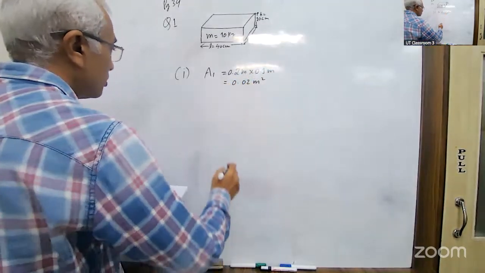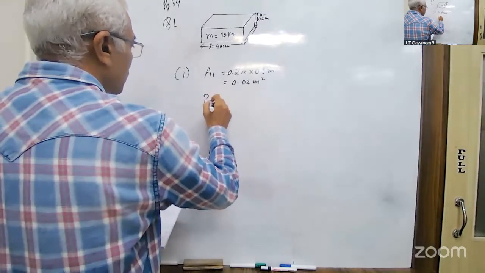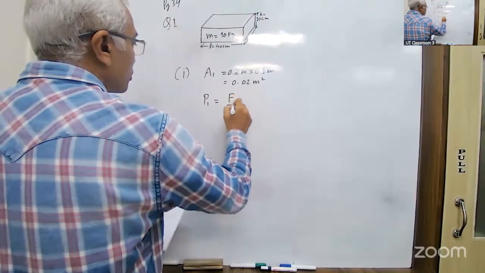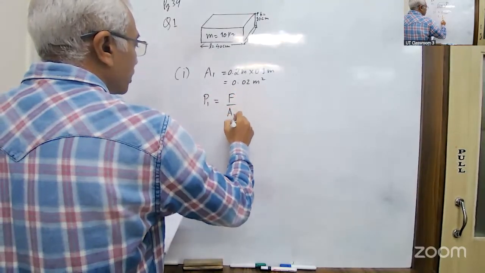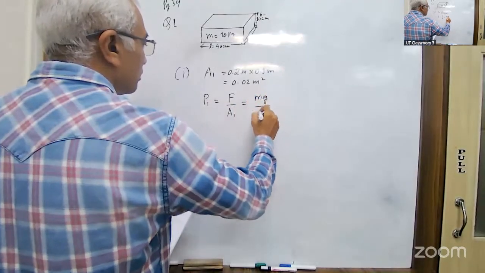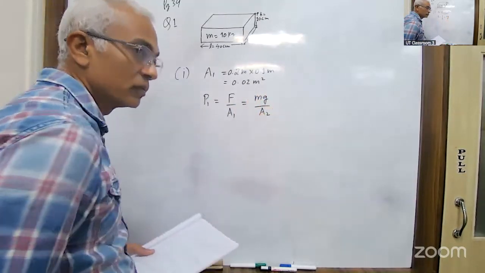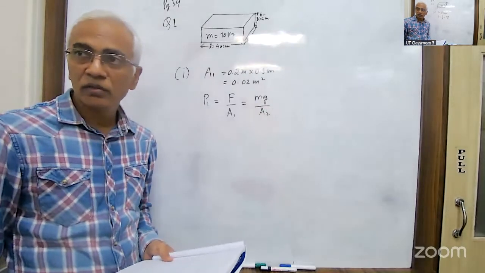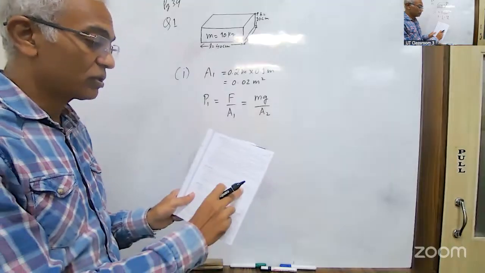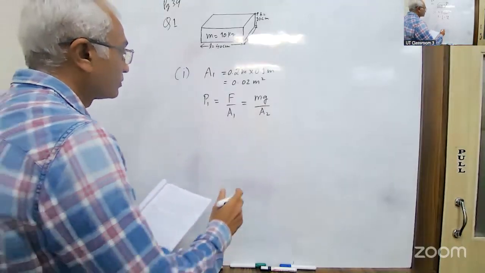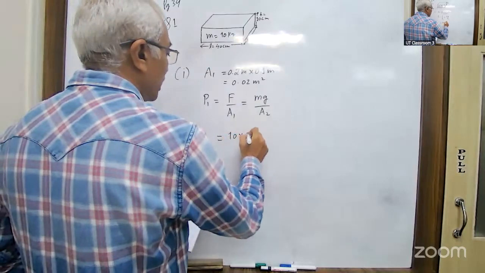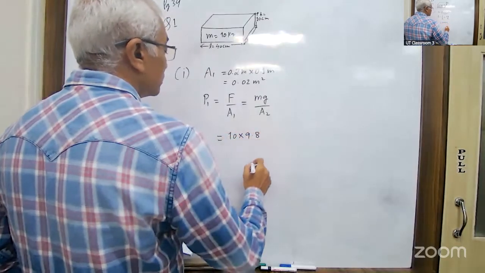Right? So what is pressure then? Therefore P1 is equal to force per A1. What is force? Gravitational force. Force will be its weight. Right? How much g you have to take? g given in the question is 9.8. So 10 into 9.8.